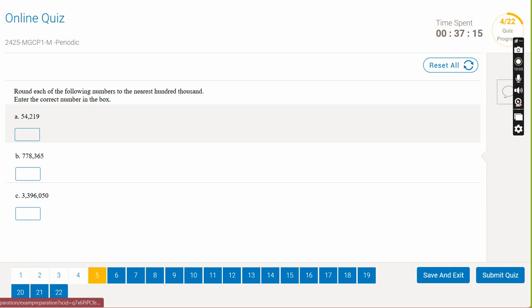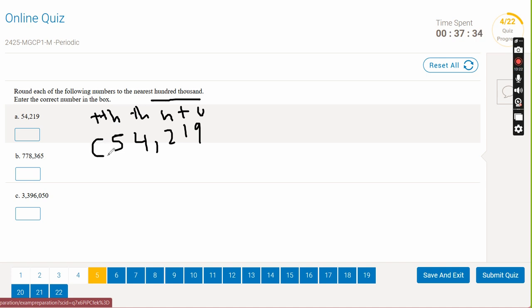Okay, now the next one we have is, what are we rounding to the nearest 100,000? So 54,219. This is units, tens, hundreds, thousands, 10,000s. Okay, so here we don't have 100 thousands, which is 0. But look at the number beside it, and what is it? Plus 1, right?